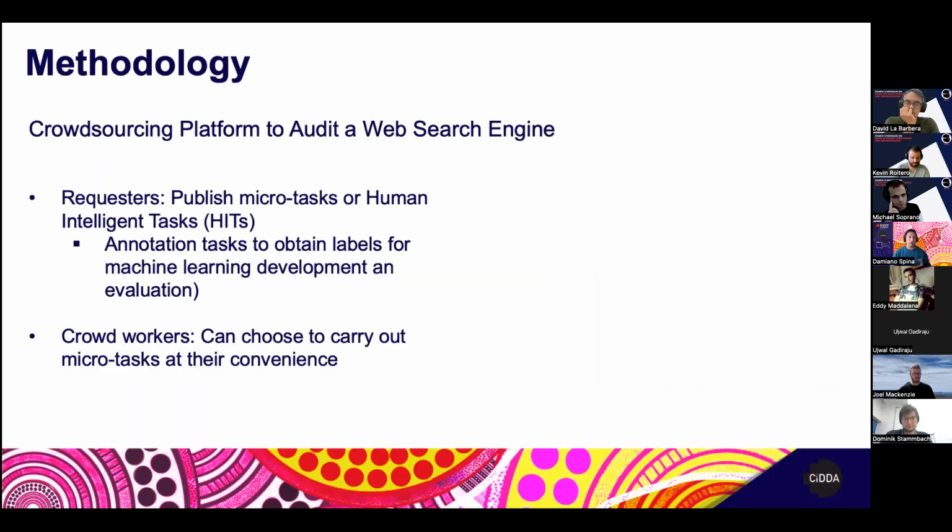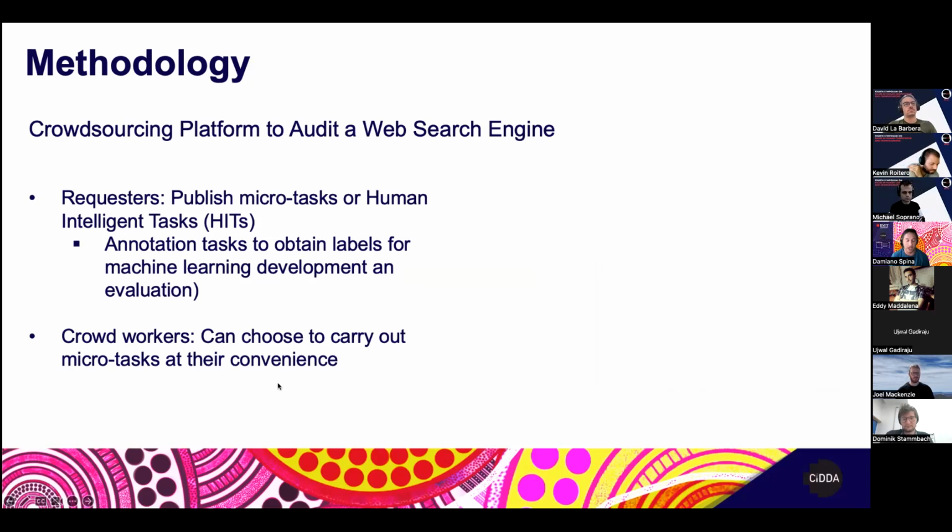So what did we do? Basically, we look at crowdsourcing. In this forum, this might be straightforward because we are all familiar, but basically in a crowdsourcing platform, we have requesters that publish microtasks or human intelligence tasks, HITs, and those are annotations.